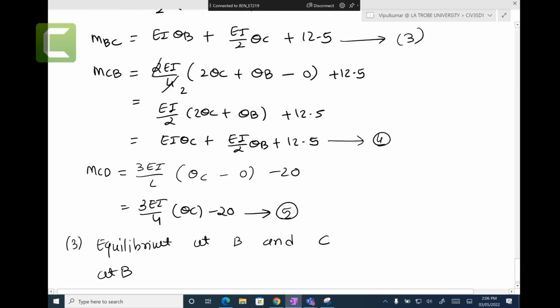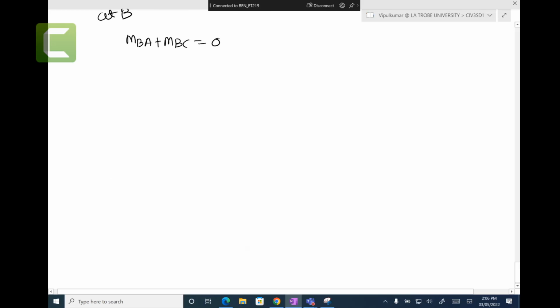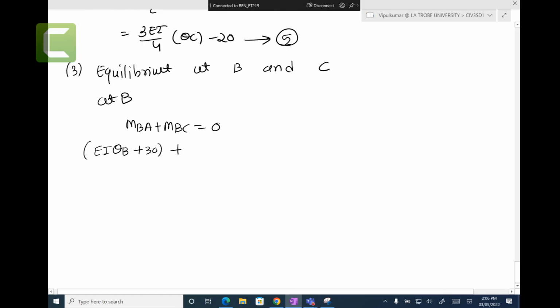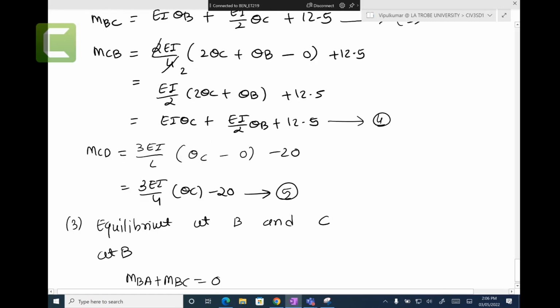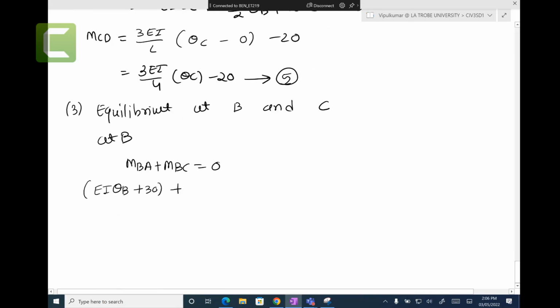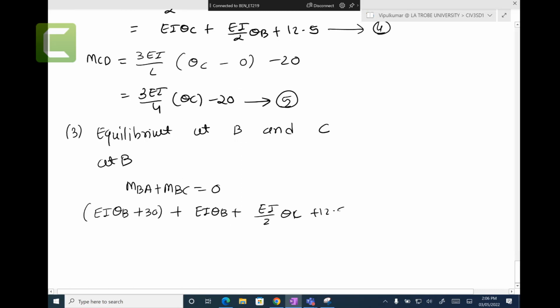Now MBA we found, EI theta B plus 30, plus MBC we found, EI theta B plus EI on 2 theta C plus 12.5, equals 0.